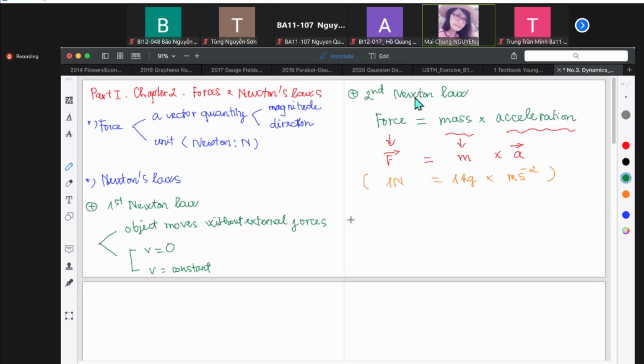And the last one here, we talk about the third Newton law. What about the last one? Who could state the third Newton law?